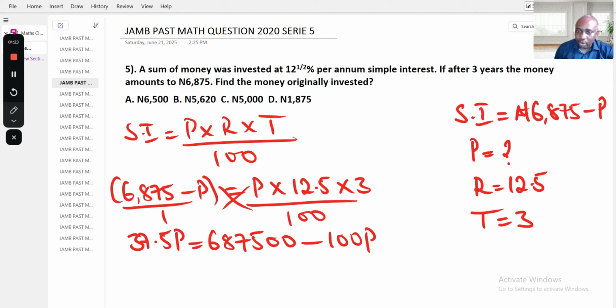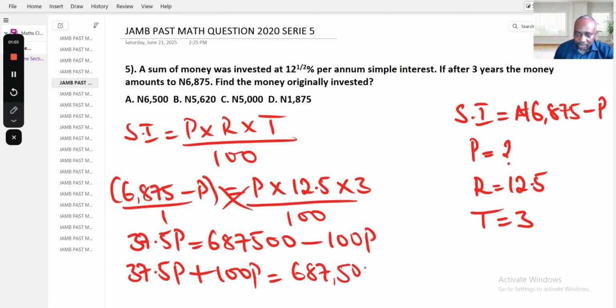Therefore, this minus 100p will jump to the other side. We have 37.5p here. By the time it jumps, it has a negative, it will change to plus. So plus 100p equals 687,500. Let's add this together. It's going to give us 137.5p.